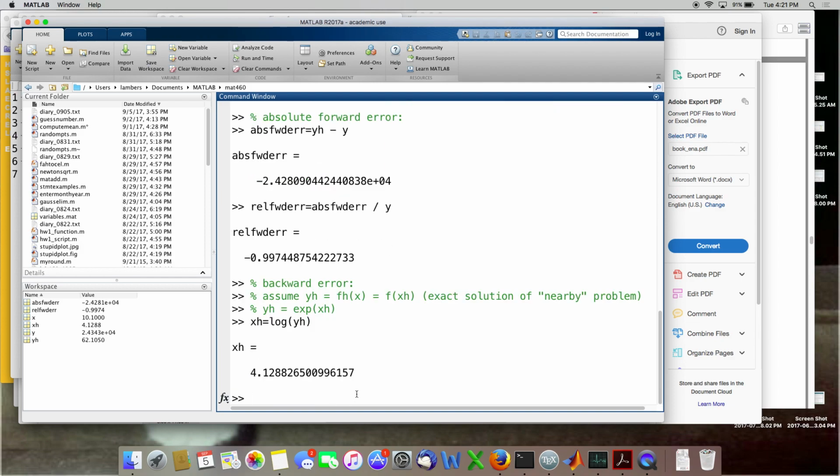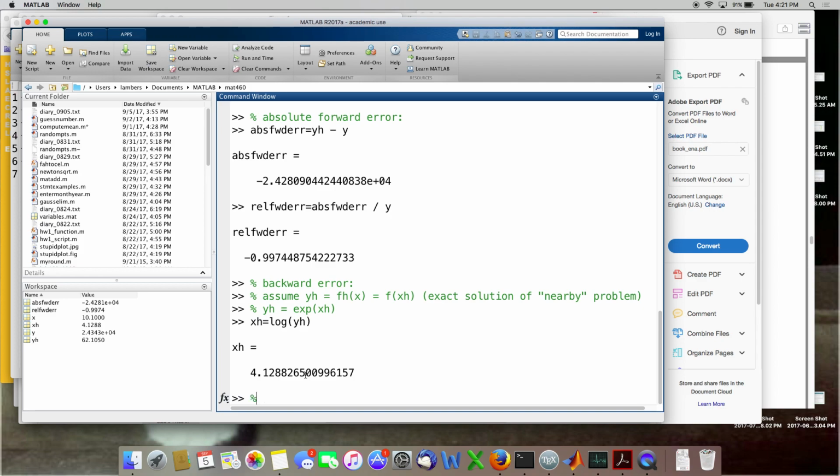Okay, well, again, it's a bit off. So our very bad approximation is the exact solution of a problem that's in no reasonable sense nearby, because our true x is 10.1. Here we get this approximation by taking the exact exponential of 4.12. Yeesh.